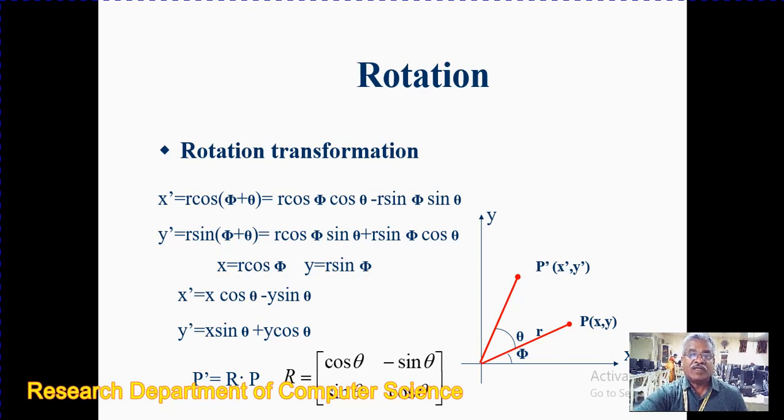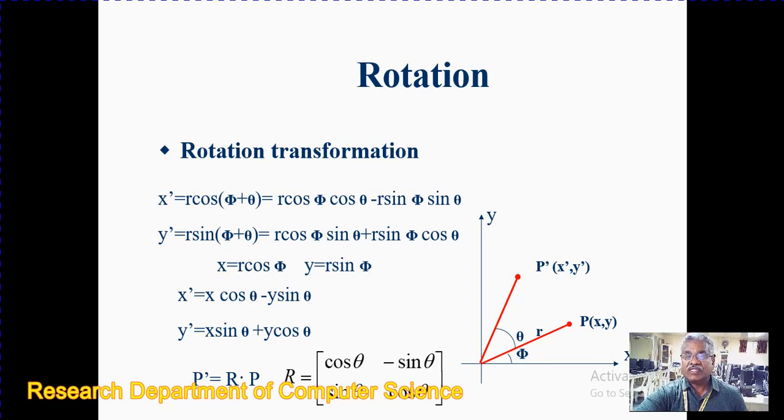We will use the formula for cos(a plus b). That formula will be used here: x dash is r cos phi cos theta minus r sin phi sin theta. Similarly for the y coordinate, y dash is equal to r sin(phi plus theta), which is r cos phi sin theta plus r sin phi cos theta.